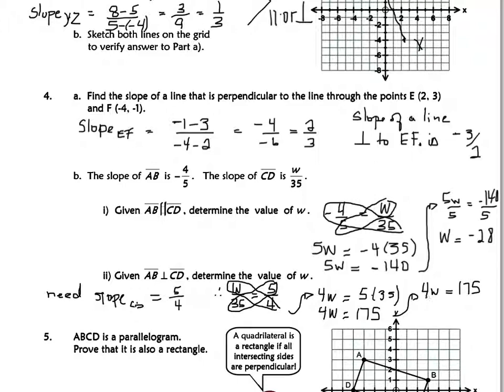You want to get the w by itself, so you divide both sides by 4, and then you'd get w equals, this is not a real nice number, so you can just leave it as 175 over 4. It's kind of a strange answer, but you can have fractions, of course.